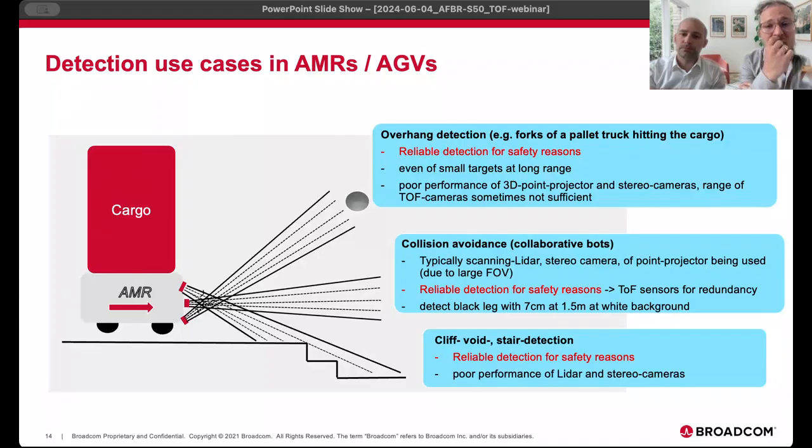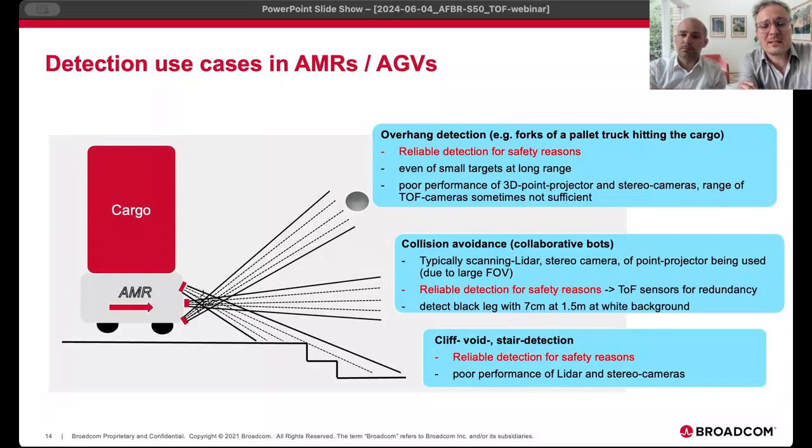As can be seen here, in all three use cases a reliable detection for safety reasons is required. Coming back to the overhang detection, it also requires the detection of small targets.